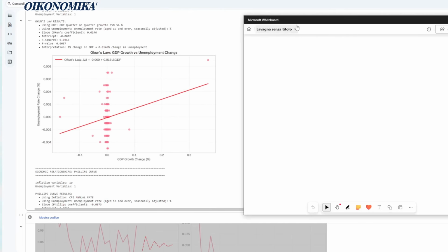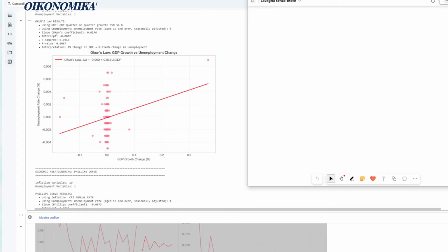So we can start to see something very interesting. Here we have the Okun's law coefficients. The slope is 0.014, the intercept is minus 0.002, the R square is 0.046, the P-value, etc.